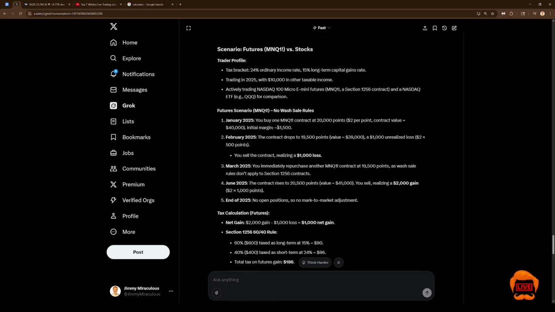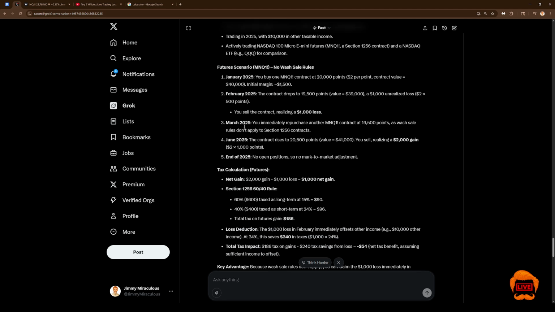I don't even know what this initial margin 1,500 means. Okay, so we'll slide over that for now. Contract drops to 19,500 points. Okay, so we've lost. You sell the contract, realizing the 1,000 loss in February.